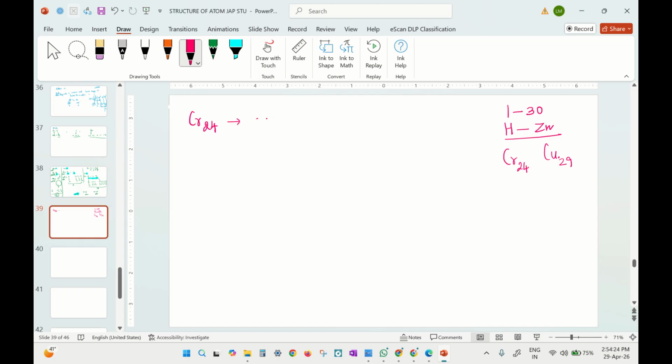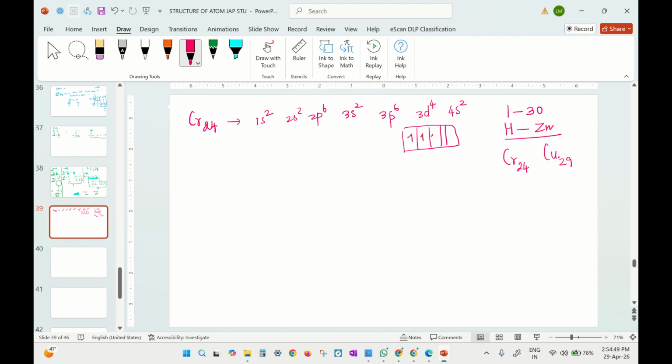So when you write the usual electronic configuration, it would look like 1s2, 2s2, 2p6, 3s2, 3p6, then 3d0, of course, but 4s2, and then 3d4. But 3d4 seems to be partially filled. So can we have a better arrangement is the question.